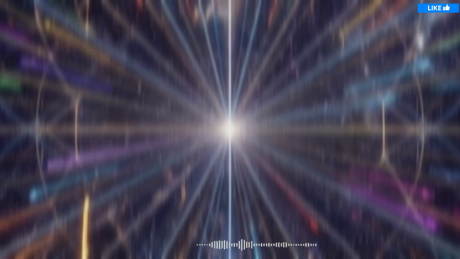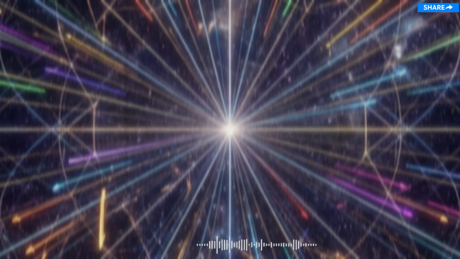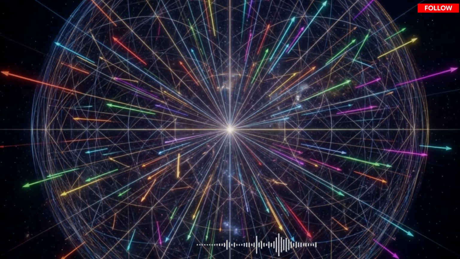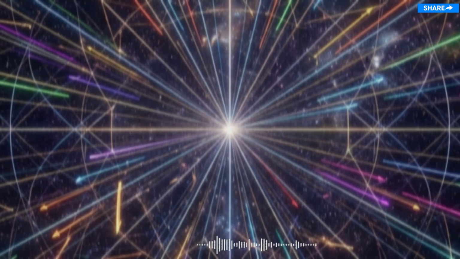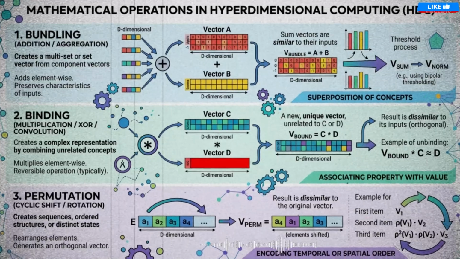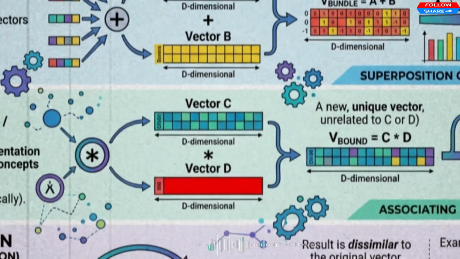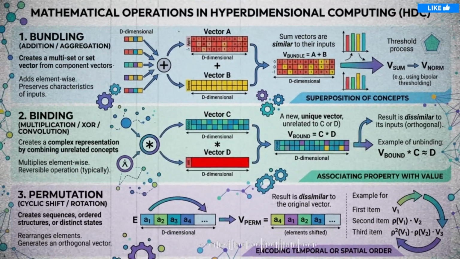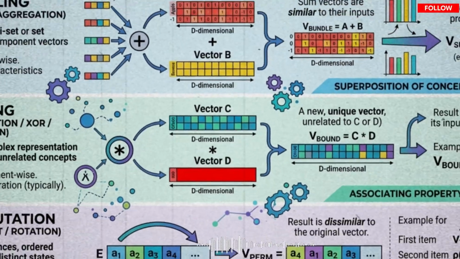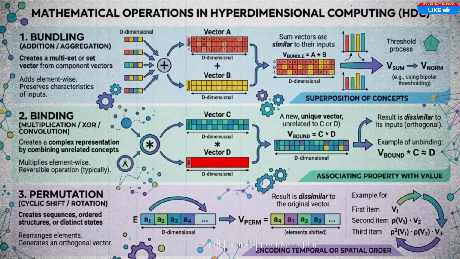and neuromorphic hardware. The mathematical foundation of HDC lies in the properties of high-dimensional spaces. In a space with 10,000 dimensions, random vectors are almost always nearly orthogonal to each other, meaning they are effectively unrelated. This is a consequence of the geometry of high-dimensional spaces, where the volume is concentrated near the surface and the distance between random points is almost always the same.